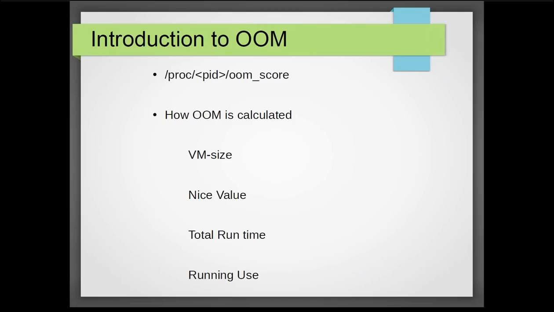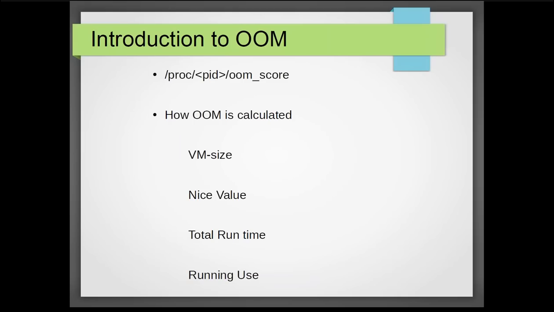First is your VM size, which is the virtual memory size, which we have just discussed. Don't confuse it with your RSS, or resident memory, or your physical RAM. If your VM size is greater, your badness score will increase. Nice value, I think every one of you is aware of, from -20 to 19. A positive nice value will give a higher score.